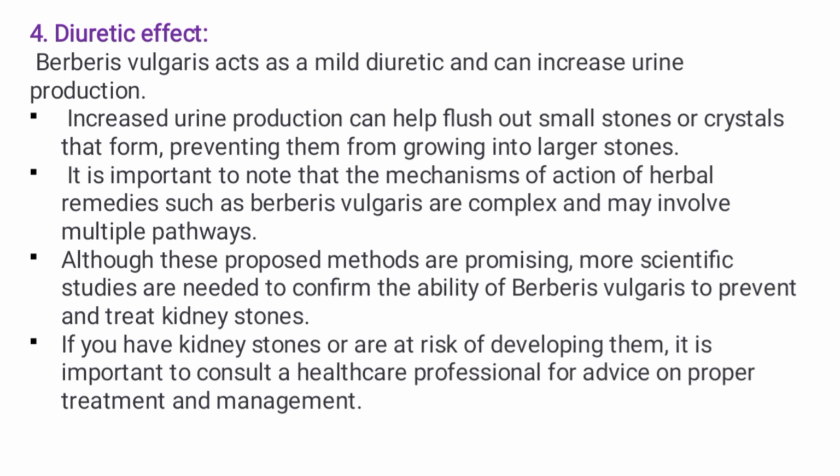Diuretic effect. Berberis vulgaris acts as a mild diuretic and can increase your urine production. So increasing urine production can help to flush out small stones or crystals that form, preventing them from growing into larger stones.